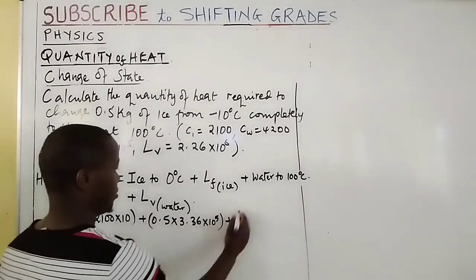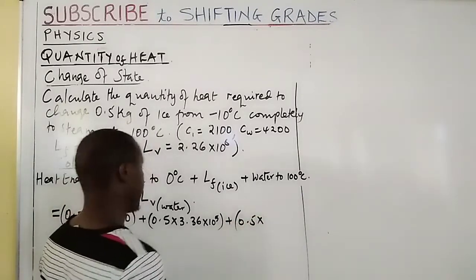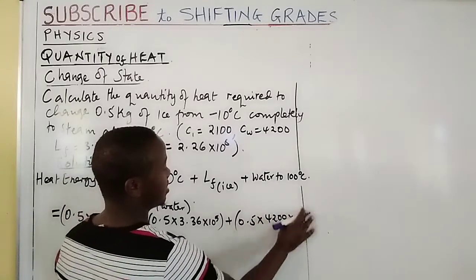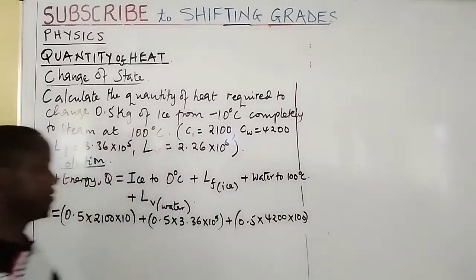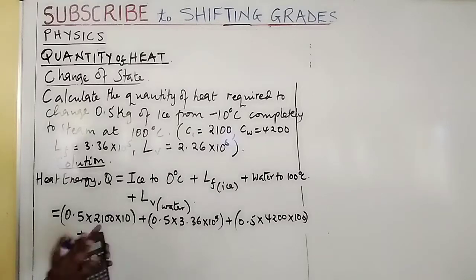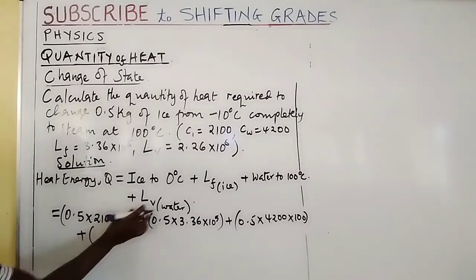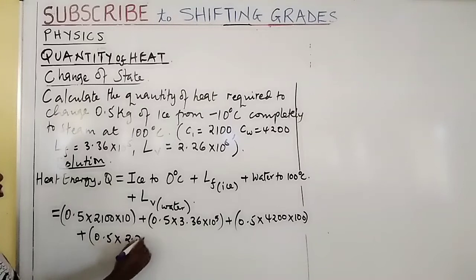Then plus the water, still 0.5 kilograms, times the specific heat capacity of water, times the change in temperature from 0 to 100, which is 100. Still plus, when it has become water at 100, the latent heat of vaporization so that it may become steam.